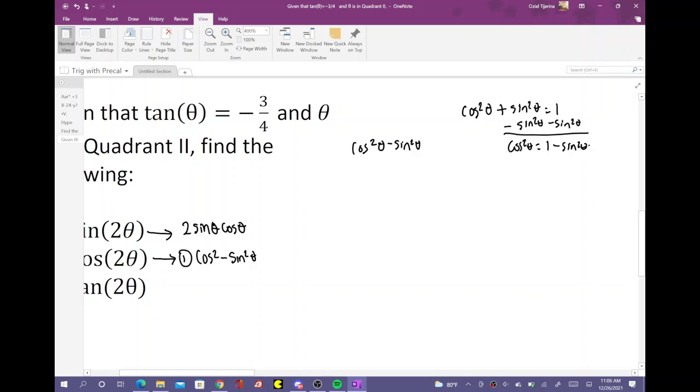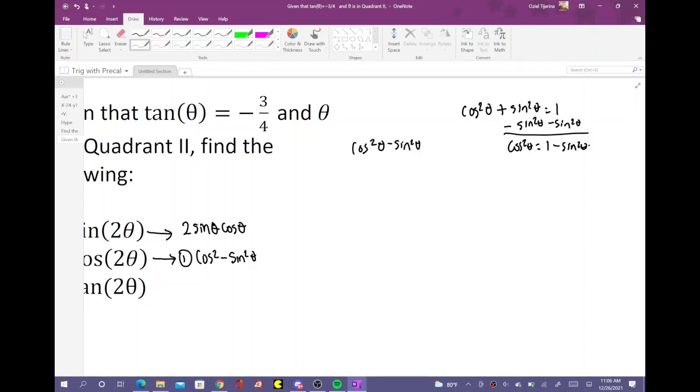So we put this formula in for cosine squared theta: 1 minus sine squared theta minus sine squared theta. This is equal to 1 minus 2 sine squared theta, right? So that's one of the things it turns into.